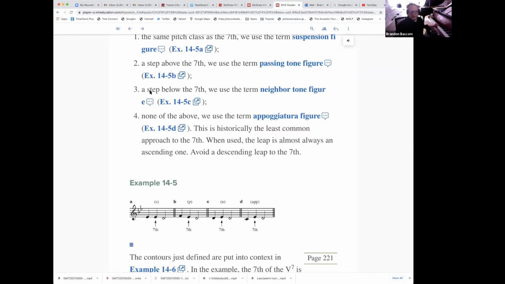If the note is a step above the 7th, we will use the term passing tone figure. Step below, we will use the term neighbor tone figure. Skip below, up, step down, appoggiatura.